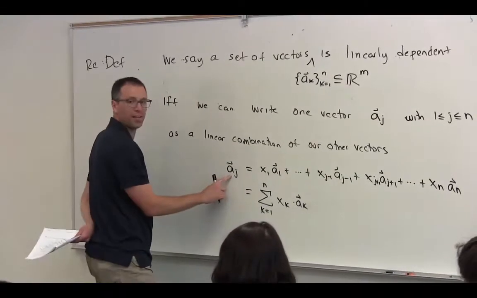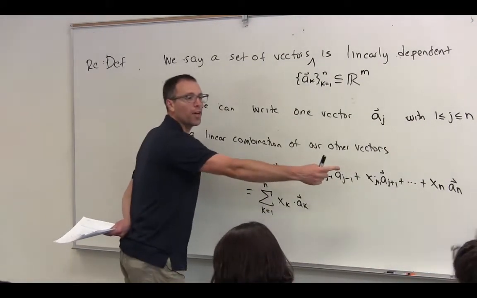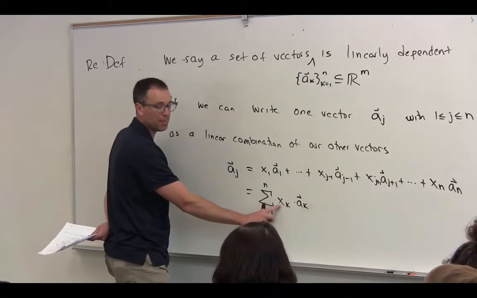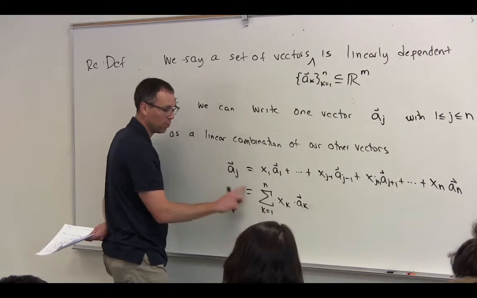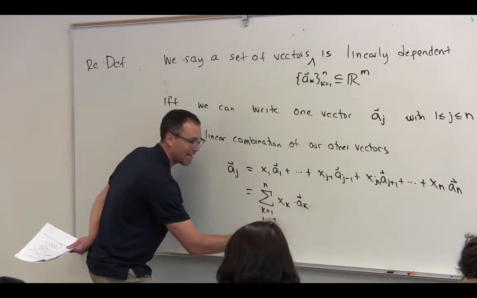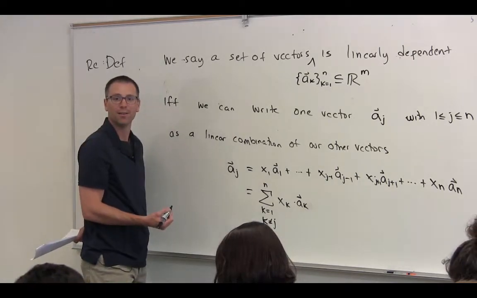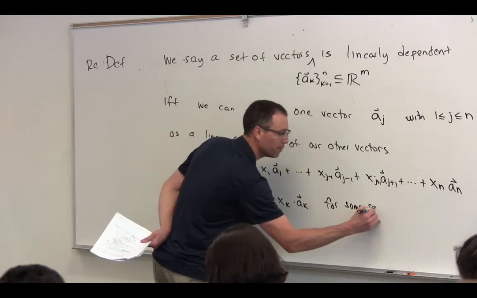What was the one thing that we said though? If a sub j is linearly dependent on all the other vectors, then there would exist some scalars x sub k for all the vectors not equal to j. So then we have just this one condition that k cannot be j, right? For some set of scalars.